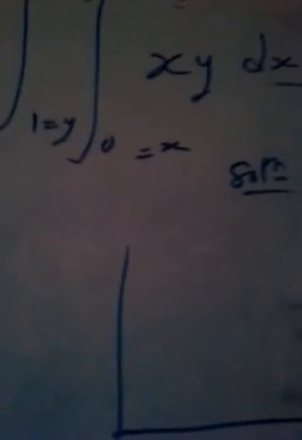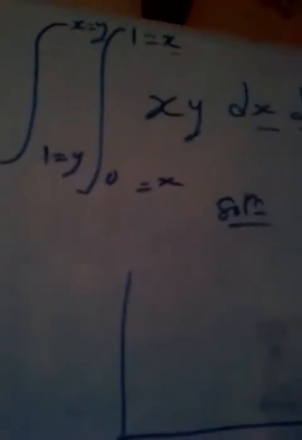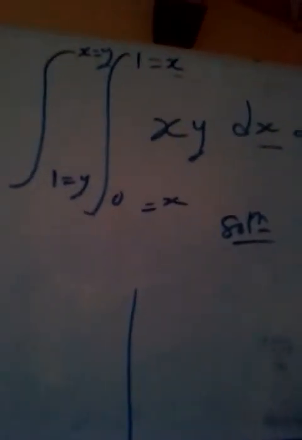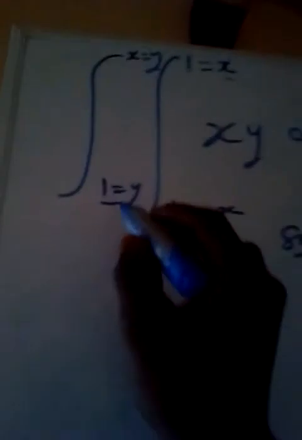So this is y is equal to 1. When I'm plotting x is equal to y, so I have my x is equal to y.